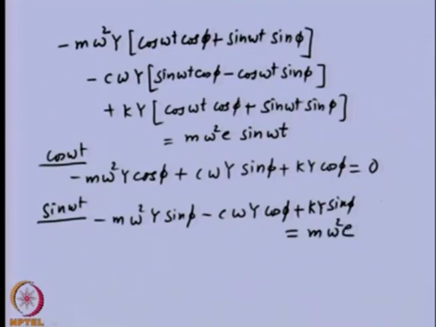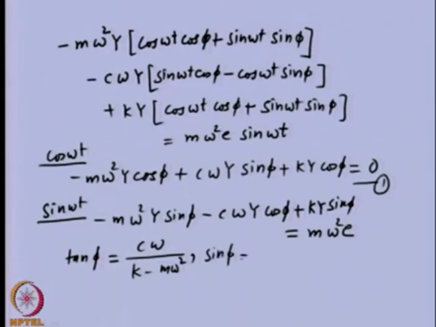Now you can see from the first equation we can get the phase, we can write this as tan phi. Whereas from the second equation, if we substitute this phase, because it is containing sin phi, that can be written as sin phi because we know the tan phi.